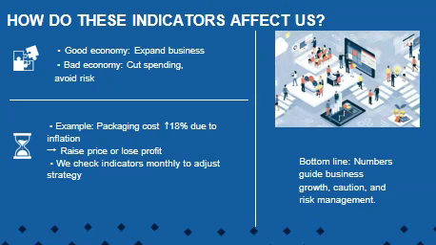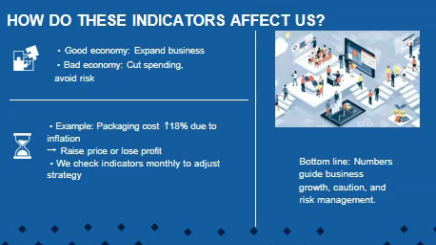For example, last year our packaging material cost went up by 18%. That's because of inflation. If we don't adjust our product prices in time, profits will fall, but rising prices may cause us to lose some customers.